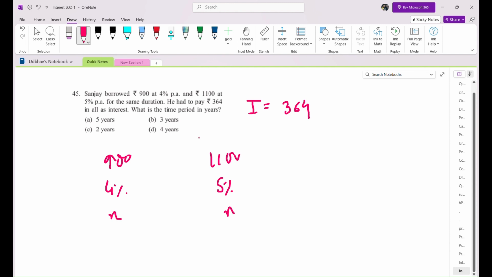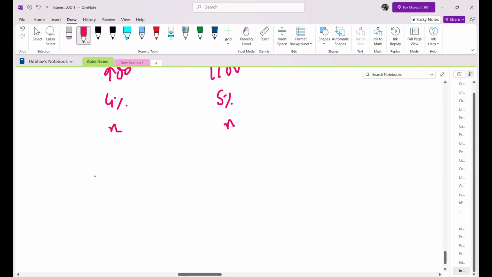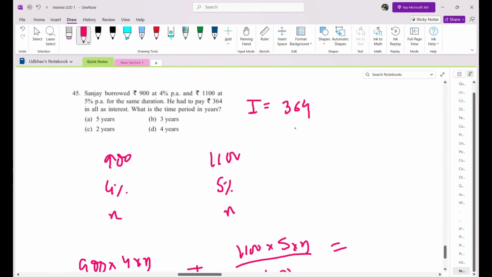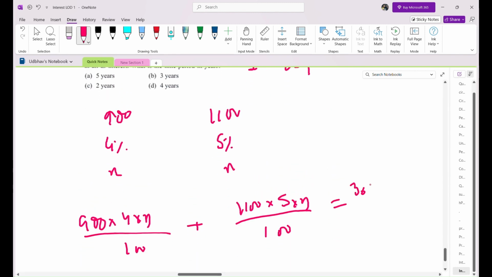Nothing is given about interest, so let's just assume simple interest. 900 into 4 into n upon 100 plus 1100 into 5 into n upon 100 equals 364.